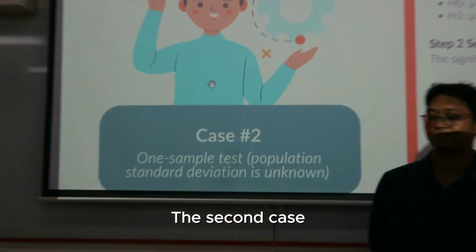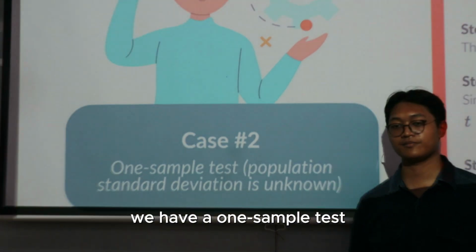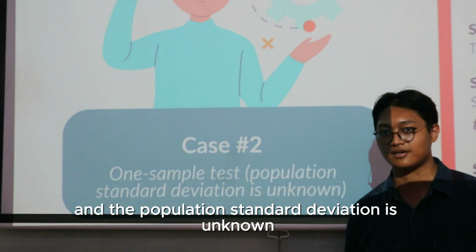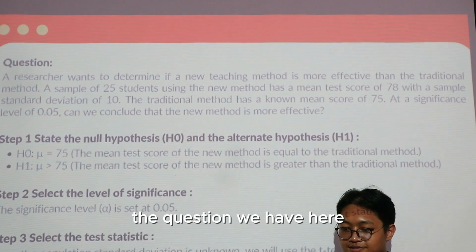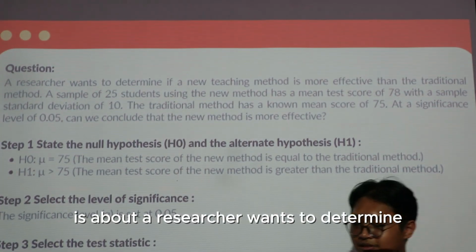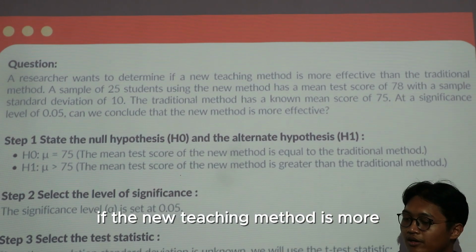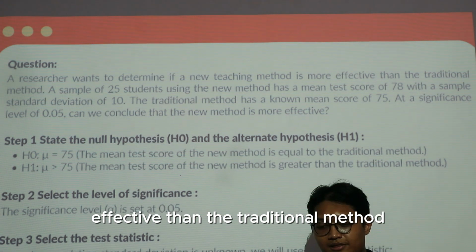The second case is a one sample test where the population standard deviation is unknown. The question is: a researcher wants to determine if a new teaching method is more effective than the traditional method.